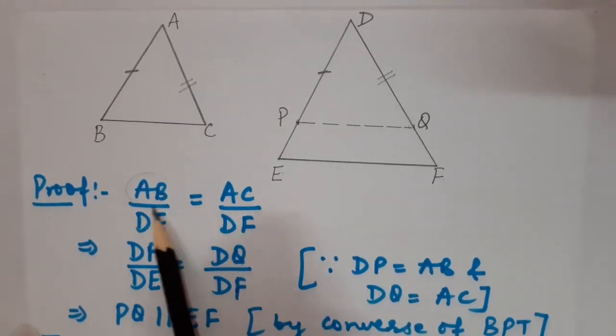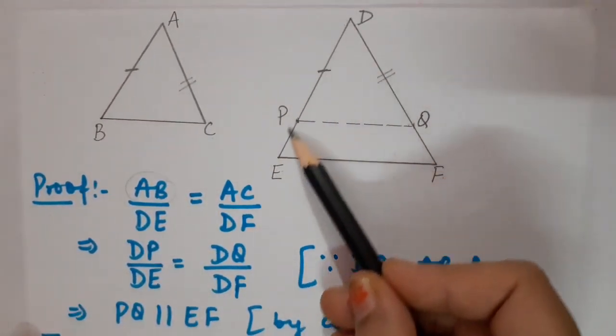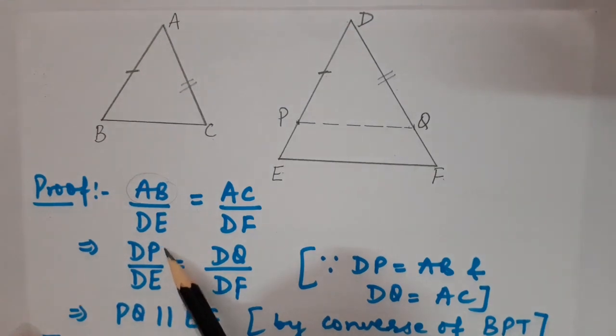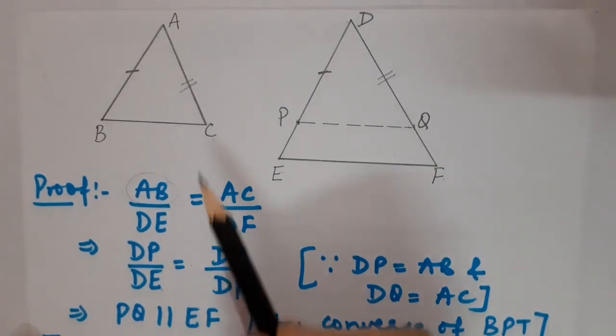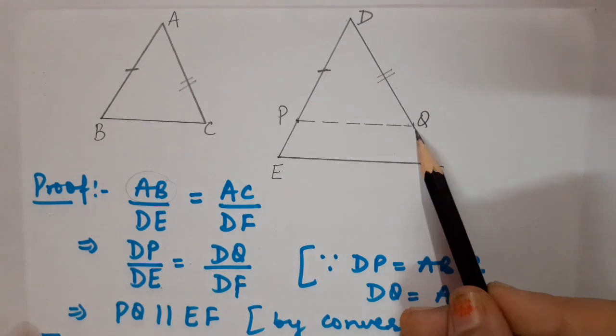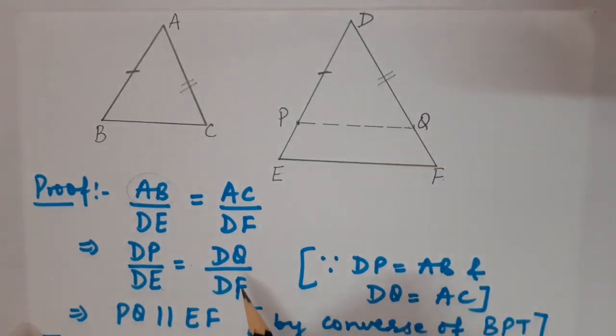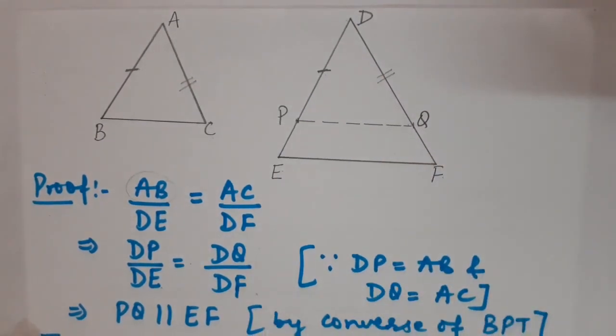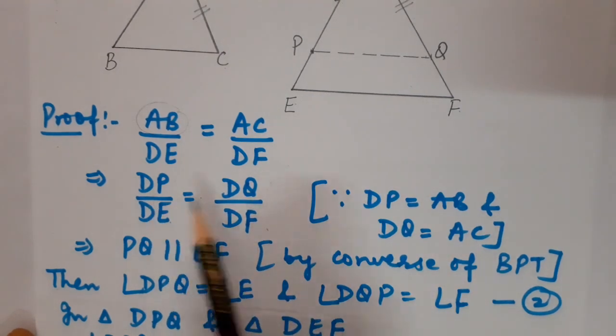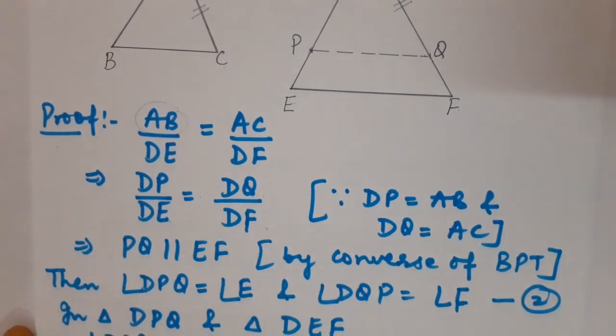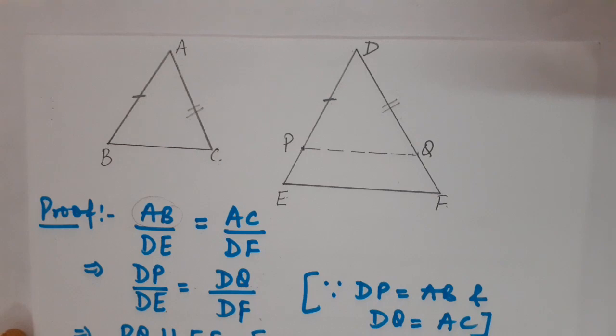So in place of AB, I am going to interchange AB by DP, and AC will be interchanged by DQ. It has become DP upon DE is equal to DQ upon DF. This is given, and this has been taken through construction. Now, just have a look at the second triangle.